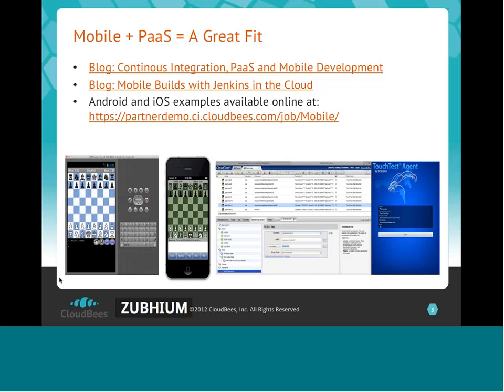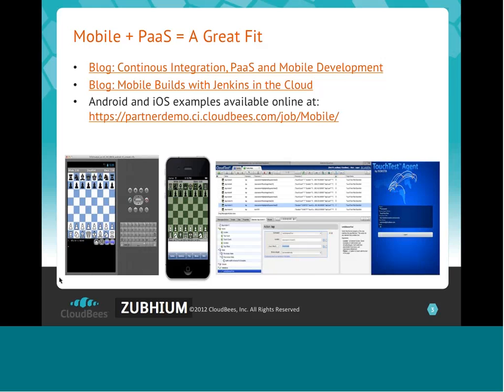You can use your Eclipse with ADT for Android. You can also do iOS with Xcode, and then you can push those up into the cloud. You can use either CloudBees hosted source code repositories, or you can use GitHub. You can use a variety of different repositories. If you use local repositories for development, again, you can integrate with those using Jenkins plugins.